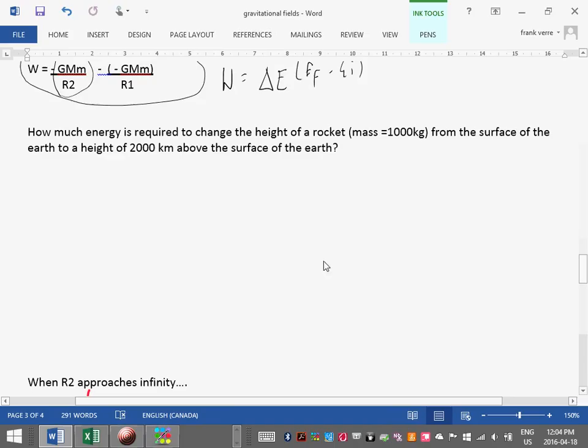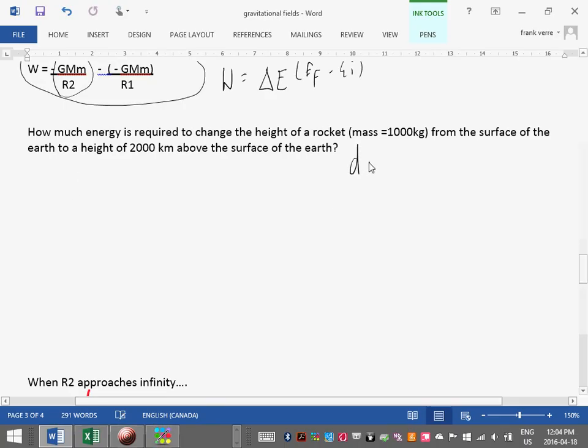Now we can use the old equation to see how close our answers are. When the difference between R2 and R1 is very small, chances are both equations will work. But as they become more different from each other, you're going to have to use this new equation. Okay? So let's take a look.